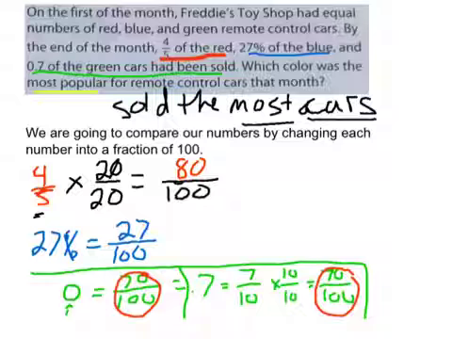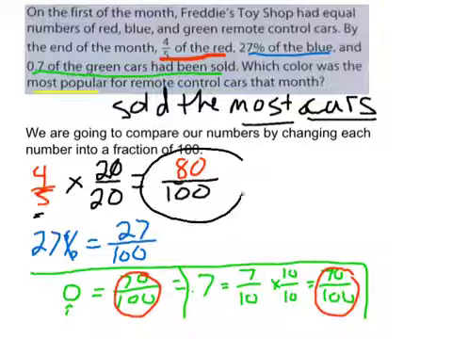It is 80 over 100. This tells us that there were 80 red cars sold for every 100 red cars that he owns, while they only sold 27 blue cars, and they only sold 70 of the green cars. So the red cars were the ones that outsold the blue and the green.